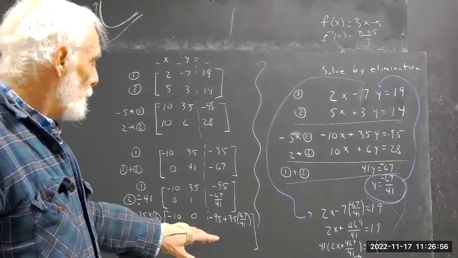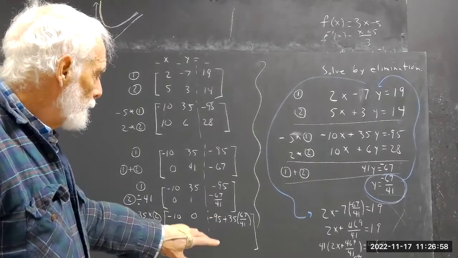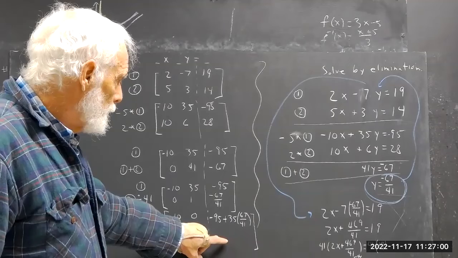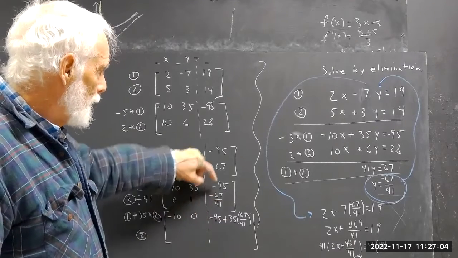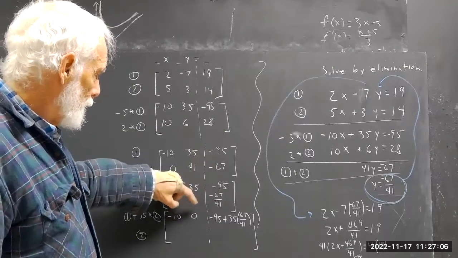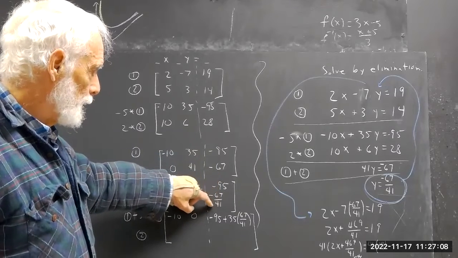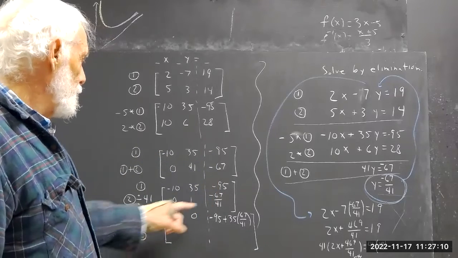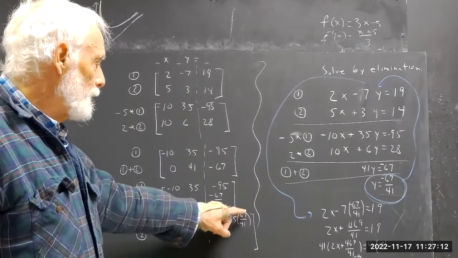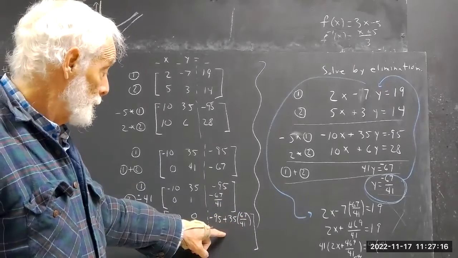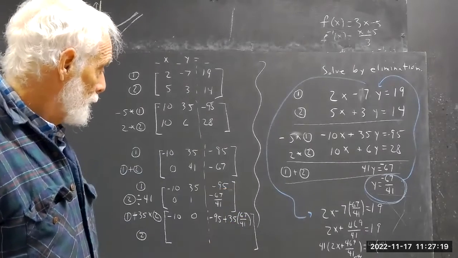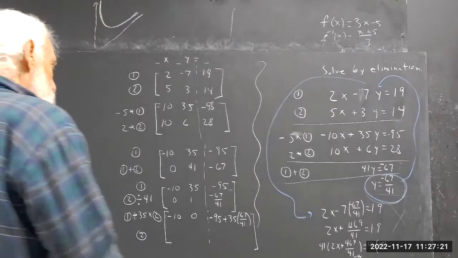But using that, I can see what number I have to combine with this. A negative 35 times negative 67 over 41, it's a negative and a negative, so that's 35 times 67 over 41, which is positive, okay? So that gets added to the 95.